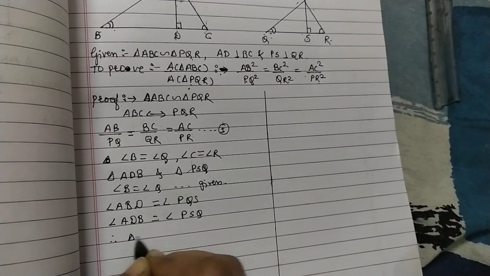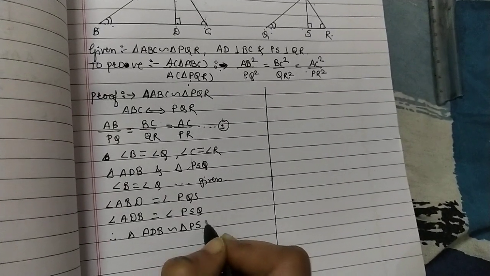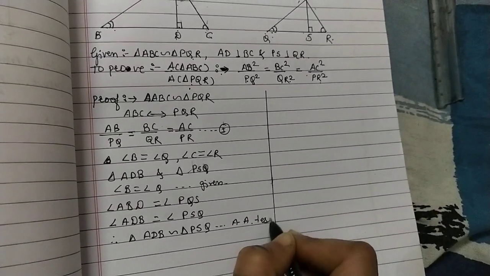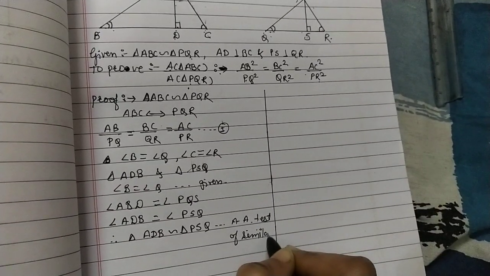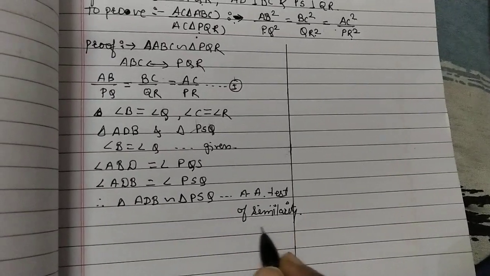So can I say that triangle ADB is similar to triangle PSQ by angle test of similarity? Yes, by the angle test of similarity.